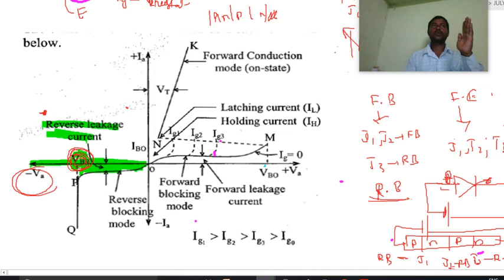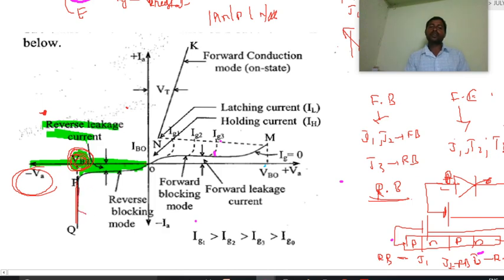As long as the reverse voltage is increasing, that particular voltage is nothing but the reverse breakdown voltage. PQ is the breakdown region.